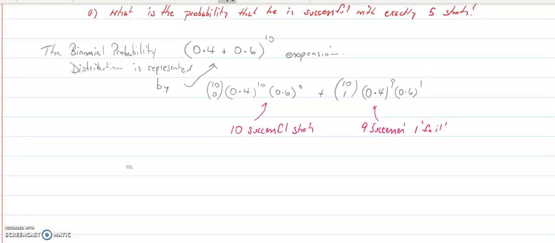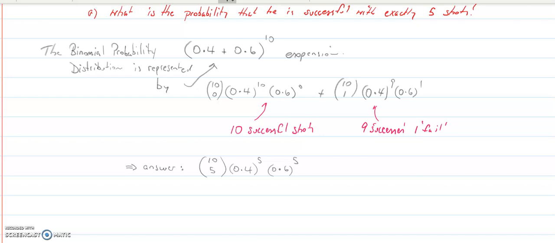So the answer is 10C5 by 0.4 to the power of 5 by 0.6 to the power of 5. 5 successes, 5 fails. There are 10C5 ways of that combination appearing in 10 shots.